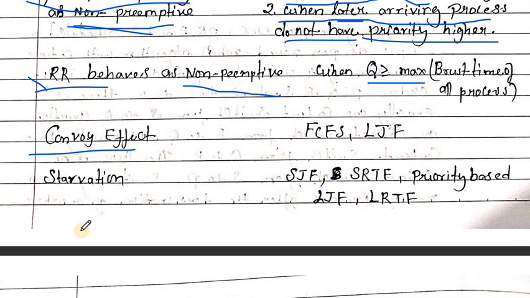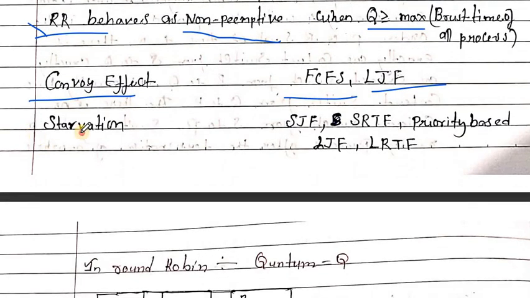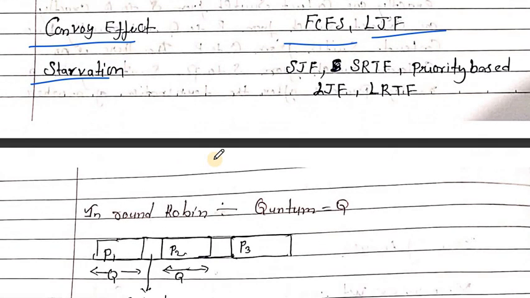The convoy effect happens in FCFS or LJF, always know that. The starvation: in which algorithms will starvation occur? SJF, shortest job first, SRTF, priority based, LJF, HRN.